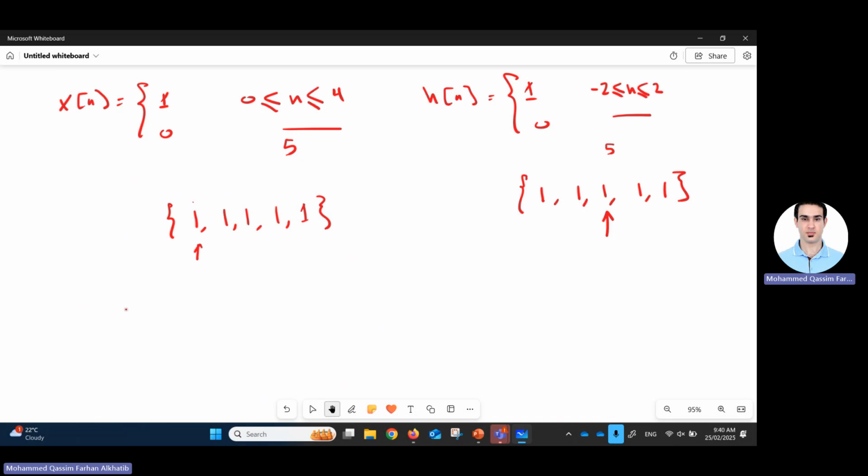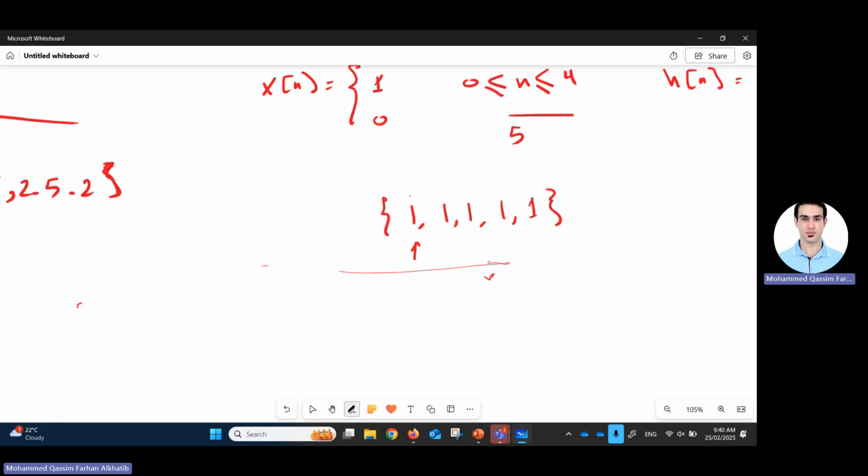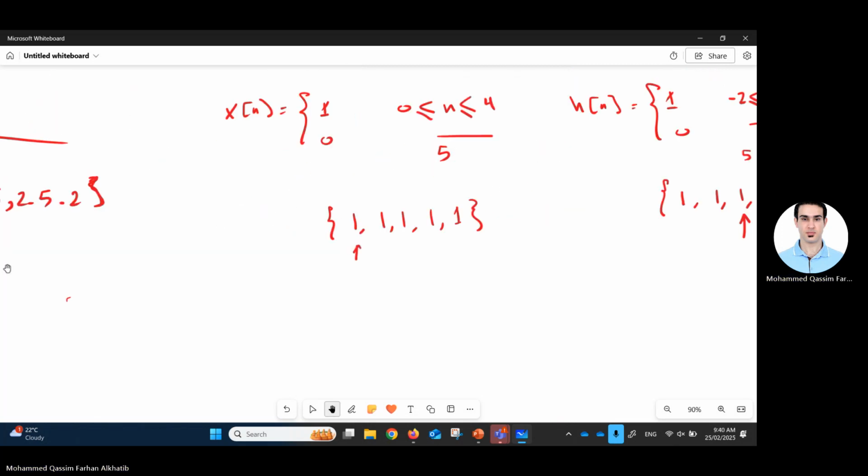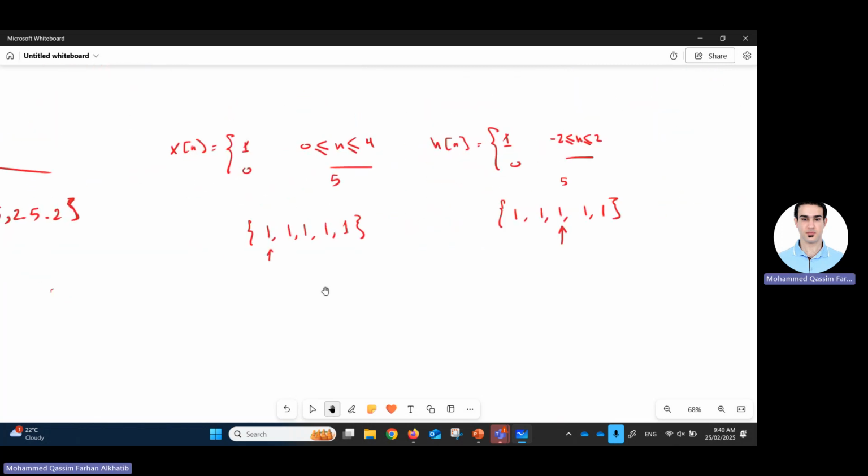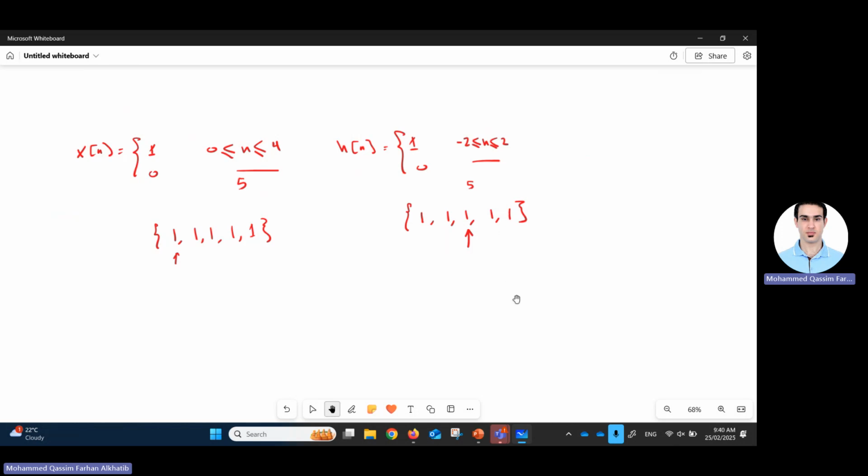Before we start, how do we determine the initial point and the last point of convolution? And how many samples do I get? This one here, I have 5 samples. The other one is 5 samples.